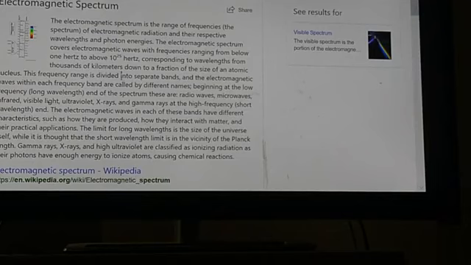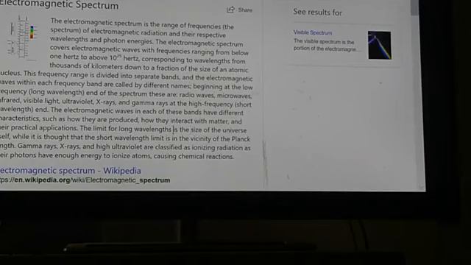So the frequency range is divided into separate bands, and the electromagnetic waves within each frequency band are called by different names, beginning at the low frequency: radio waves, microwaves, infrared, visible rays, ultraviolet, and X-rays and gamma rays at the high frequency, short wavelength end. Electromagnetic waves in each of these bands have different characteristics, such as how they are produced, how they interact with matter, and their practical applications.